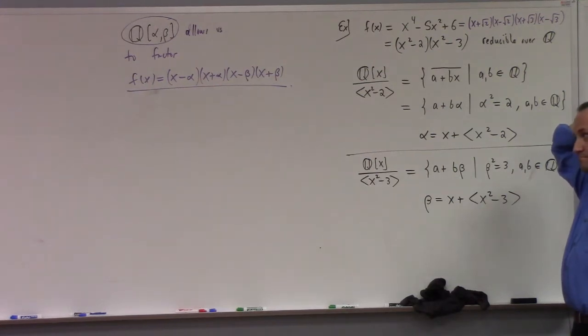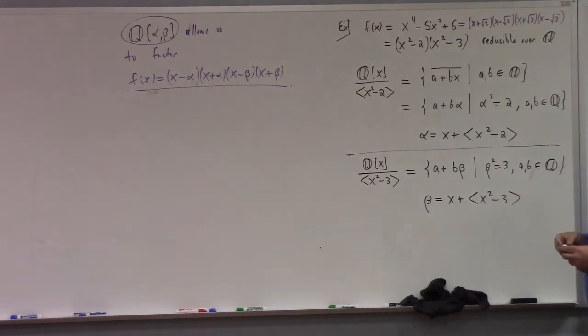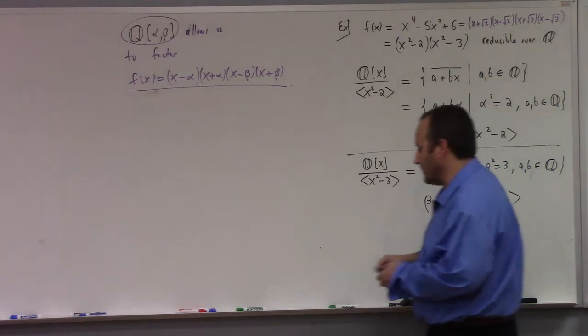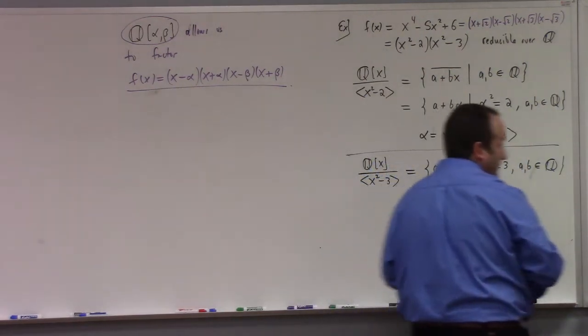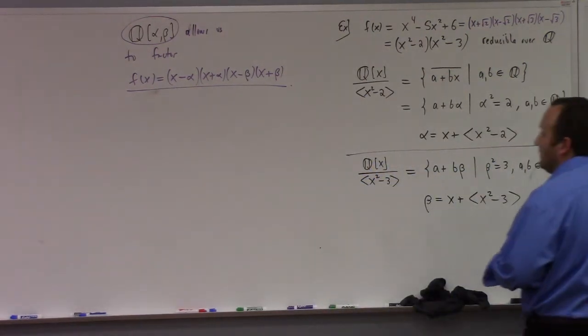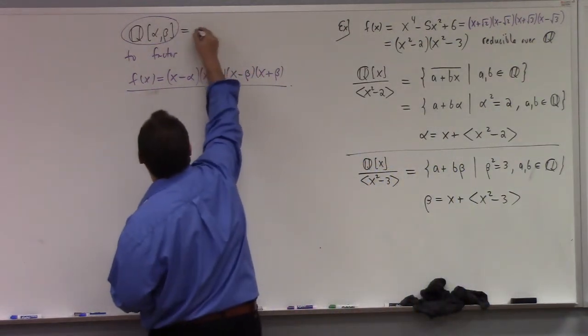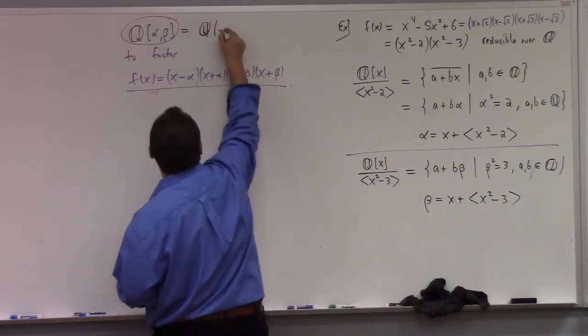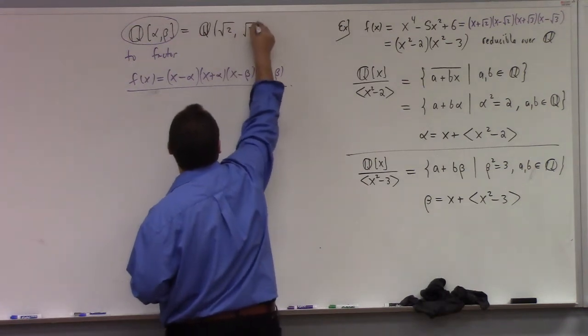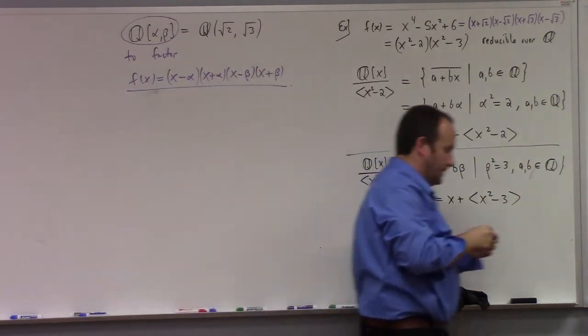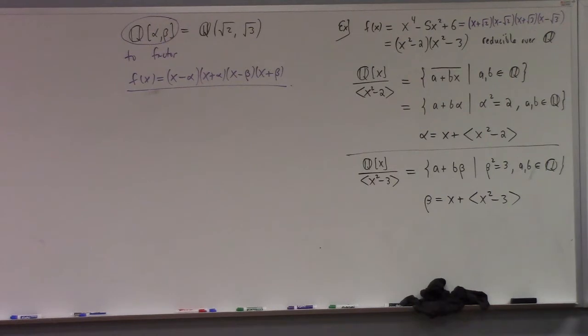And most people, when they talk about things, are working up to isomorphism, so they would say things like this is equal to Q adjoin square root of 2, square root of 3. And my brackets should be parentheses.